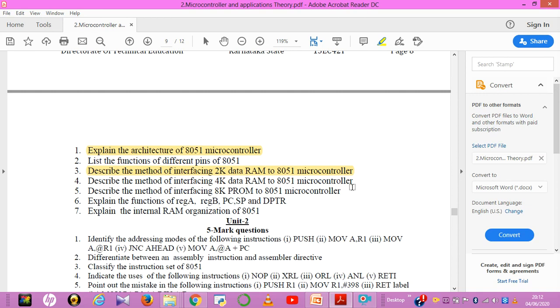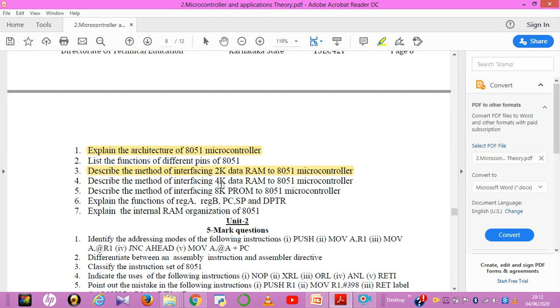For 2K you first calculate the address lines. Depending on the address lines, you connect only that number of pins to the external 2K data RAM. Depending on the size of the memory, the number of address lines changes. I have solved this problem in the class. You can go through that. If you have any queries, ask me.